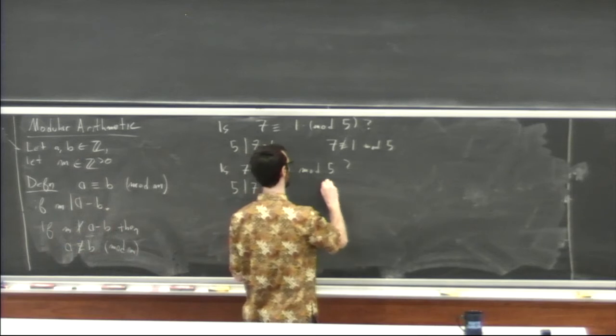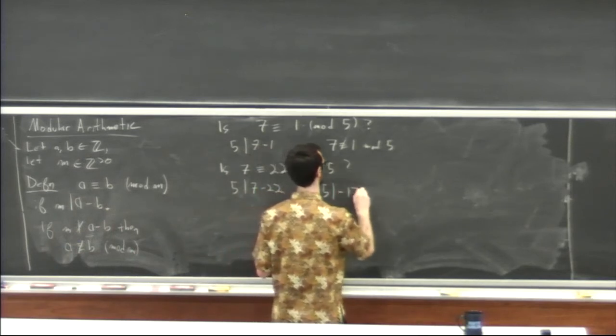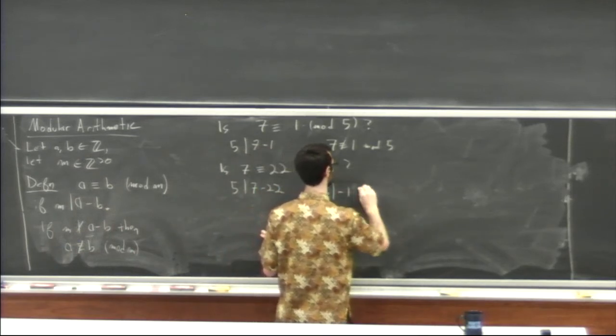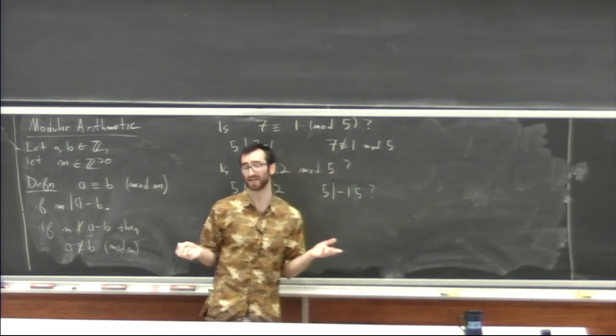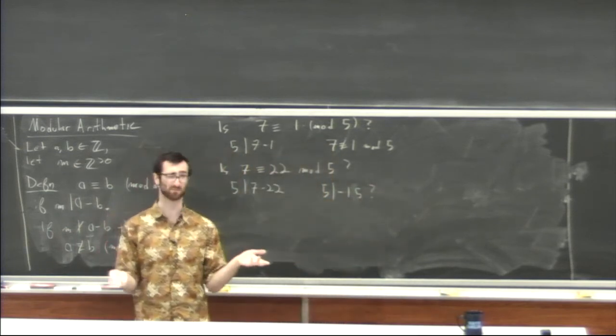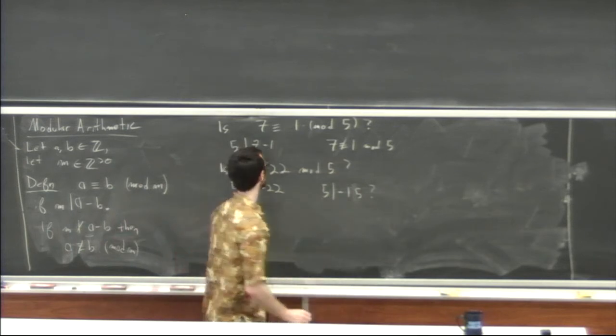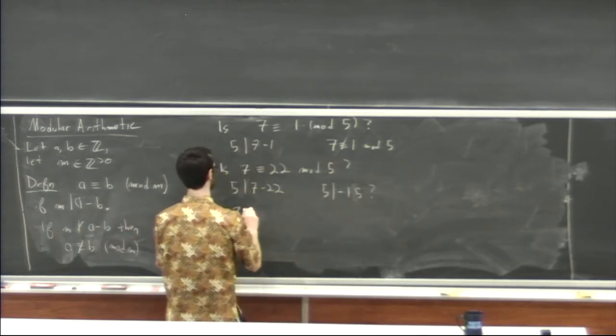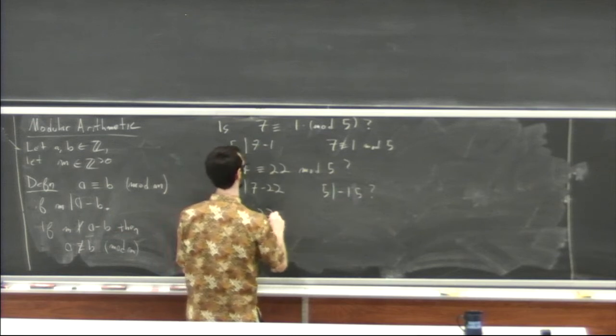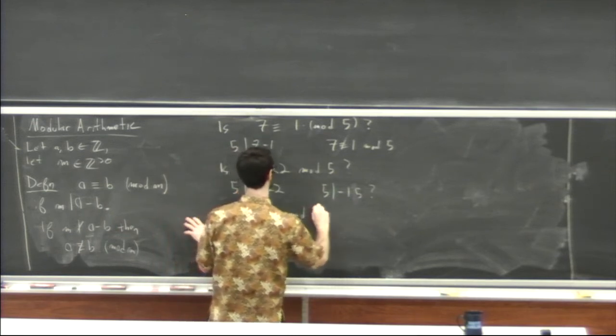So does 5 divide negative 15? Yeah, negative 15 is equal to negative 3 times 5. So yeah, 5 does divide negative 15. So 7 is congruent to 22 mod 5.